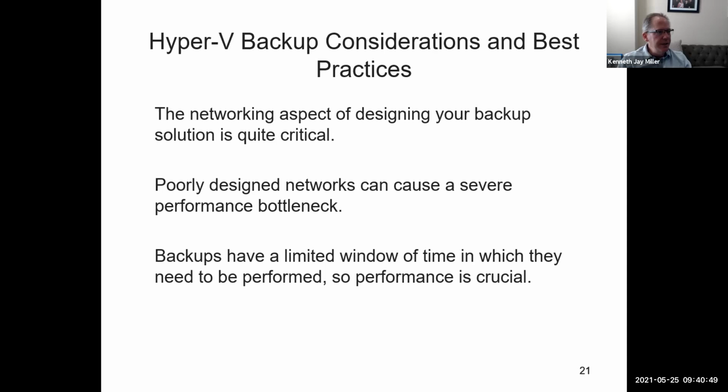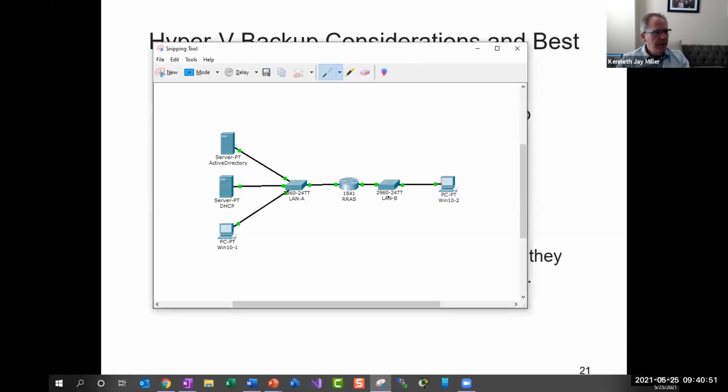So if this is our network and I want to back up this server and this server, and let's say I want to also back up my router, and I want to save it. Let's say I put another server over here for my backups, a backup server.